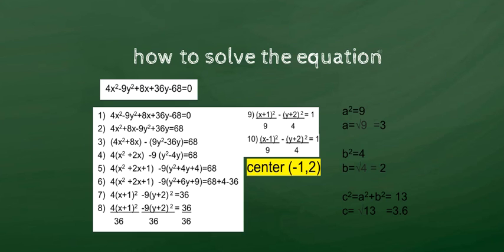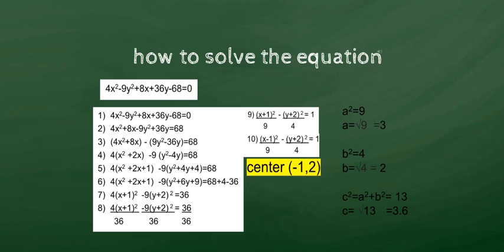After this, we are going to complete the perfect square trinomial inside each parenthesis. To do this, we divide the number accompanying x by 2, square it, and place only that number. In the other parenthesis, the process is the same.